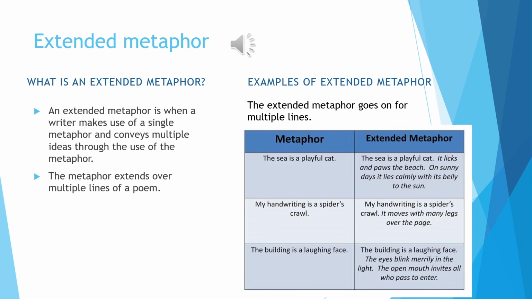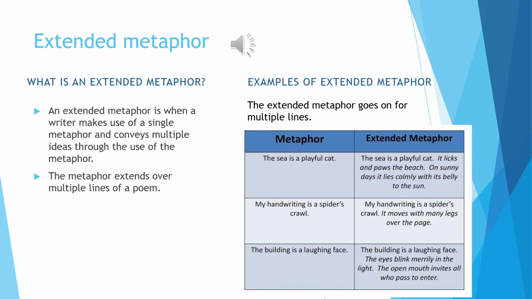So if we look at the little table I've got there in the corner for us, we'll see a normal metaphor would say the sea is a playful cat, right? We're identifying the similarities between the sea and the cat, and you create that imagery of the sea being cat-like, being playful, right? But an extended metaphor will say the sea is a playful cat. It licks and paws the beach. On sunny days, it lies calmly with its belly to the sun. Those are still pointing out the similarities.